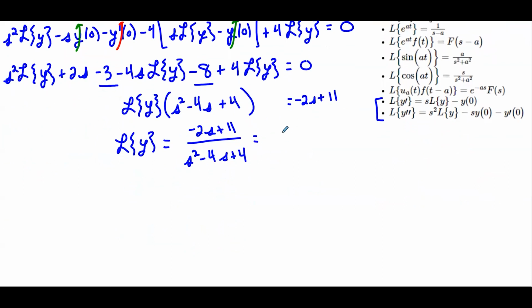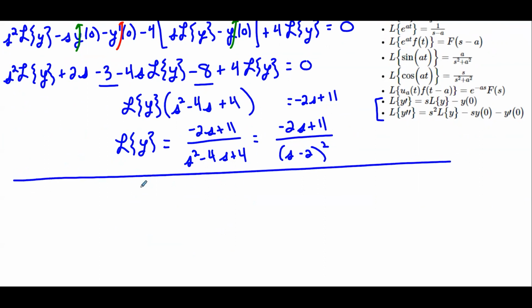So the denominator here, it's a perfect square, so it does factor. So we're going to use partial fractions. So it's s minus 2 squared. So in partial fractions, we're going to set this up as -2s plus 11 over s minus 2 squared.